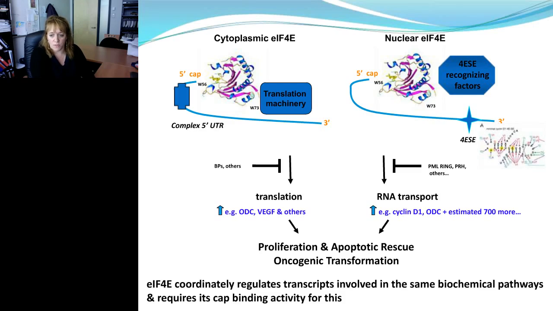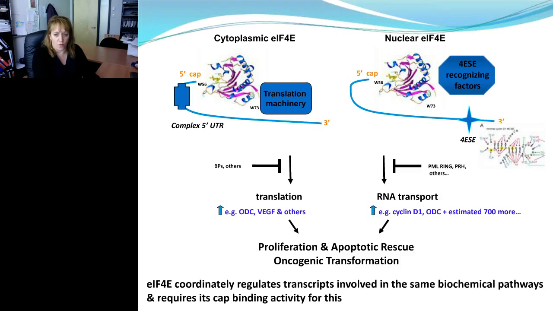Some of these transcripts, like ODC, are also translation targets, whereas other targets, such as cyclin D1, seem to be mainly export targets. And for instance, VEGF is a translation-only target. In order to be sensitive to 4E at both the export and translation levels, you must have a complex 5' UTR, and you must have this 3' element in the UTR, the 15 nucleotide 4E-SE shown.